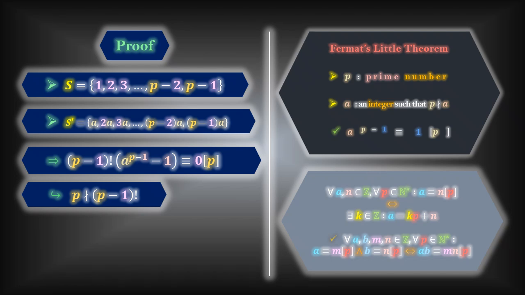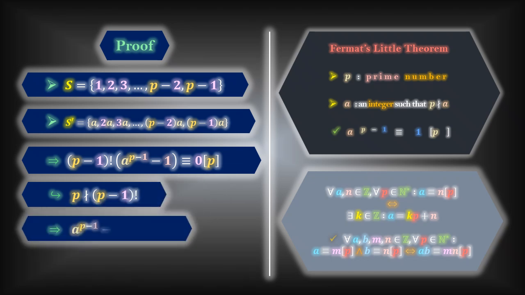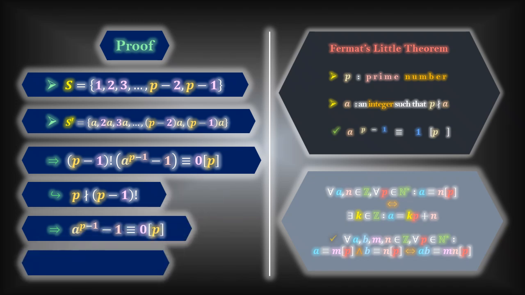Consequently, p divides a raised to the power of p minus 1 minus 1. This means that a raised to the power of p minus 1 minus 1 is congruent to 0 modulo p. Hence, a raised to the power of p minus 1 is congruent to 1 modulo p. This is exactly the statement of Fermat's little theorem.